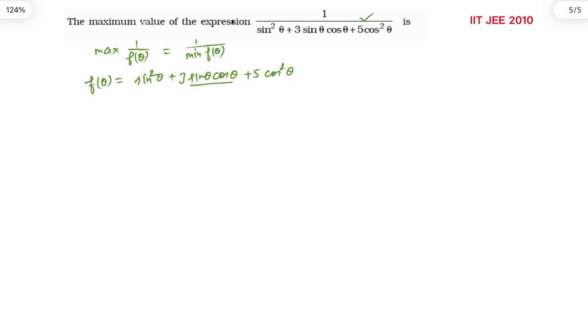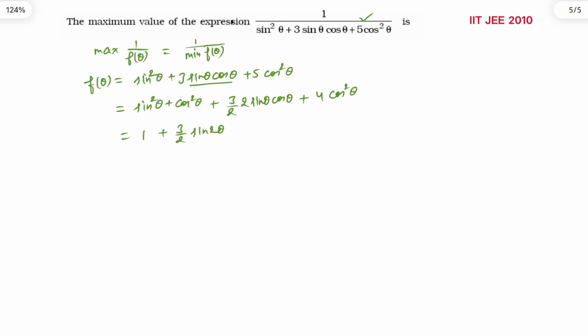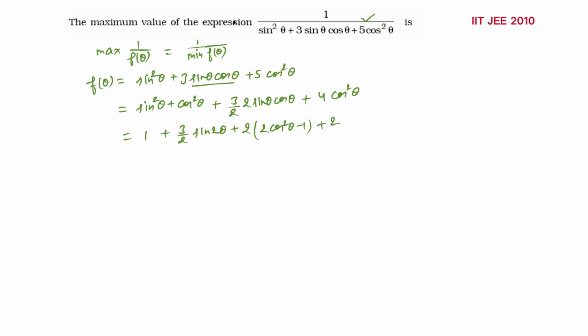So let's do that. So our f theta is equal to sine square theta plus cos square theta, and here I divide by 2 and multiply by 2, so it is 2 sin theta cos theta, and here we have 4 cos square theta, which is equal to 1 plus 3 by 2 sin 2 theta, and the remaining expression we can write as plus 2 times 2 cos square theta minus 1, because that will give us cos 2 theta, plus 2 because we subtracted 2, right?